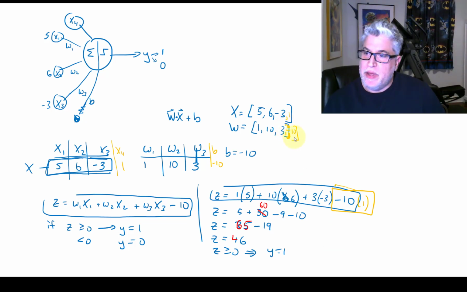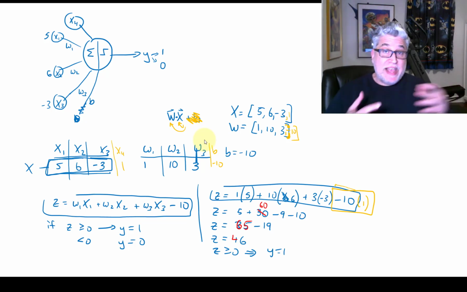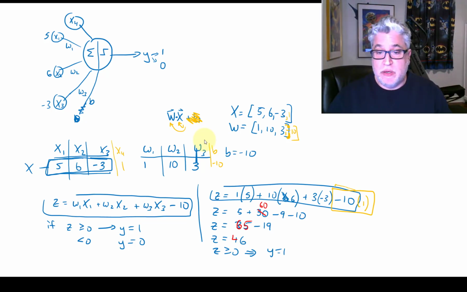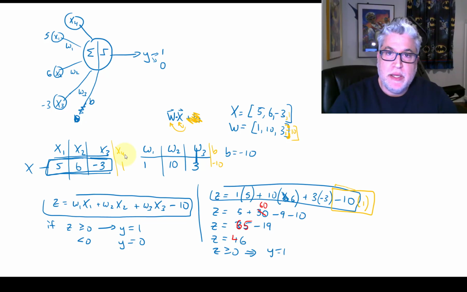And now when we dot them, we get everything that we need. So we can literally just fold the bias into this W matrix. We just need to increase the length of X by 1 more value, and make sure that it's a 1. Okay, so that's how you apply the dot product in a neural network model, in a neuron.